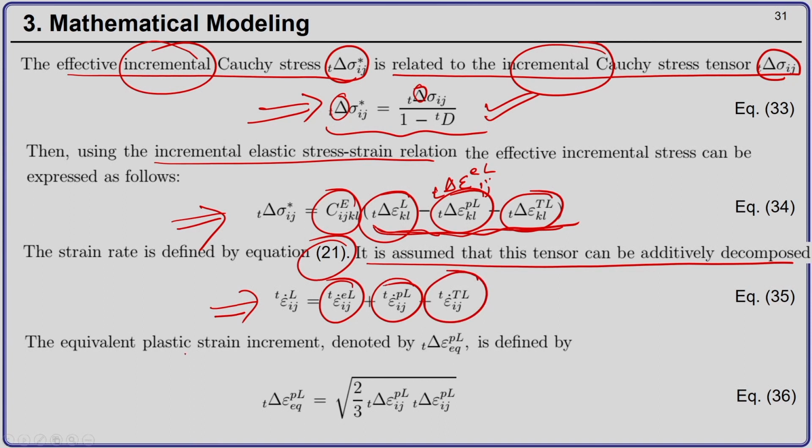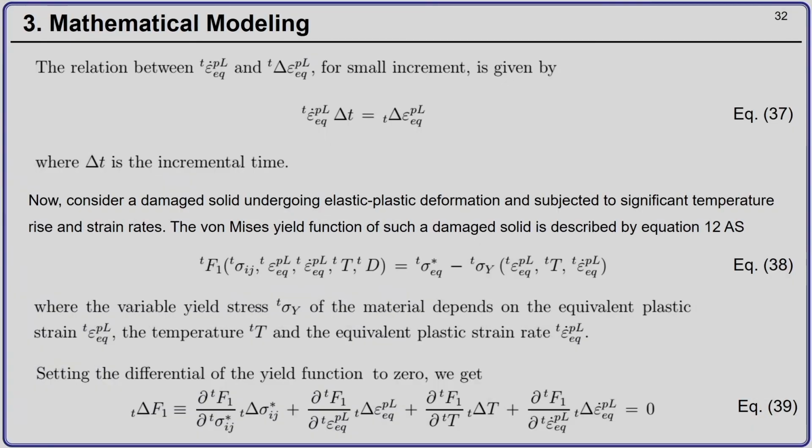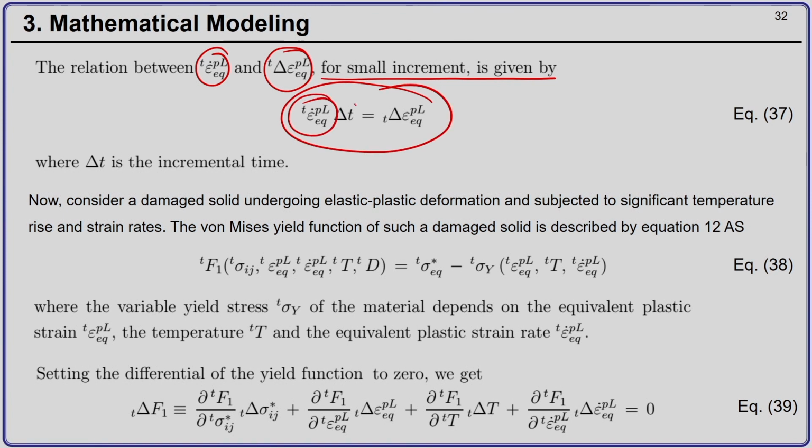And the equivalent plastic strain increment, which is denoted by this symbol over here, is given by root over 2 by 3 delta epsilon ij, corresponding to the plastic part of the logarithmic strain tensor. With this, the relation between the equivalent plastic strain rate and the equivalent plastic strain for a small increment can be given by the following formula: the rate times the time step equals the incremental value, where delta t is the incremental time.